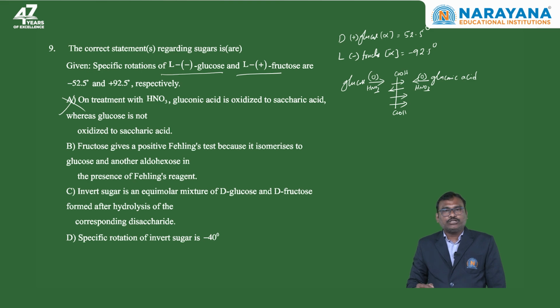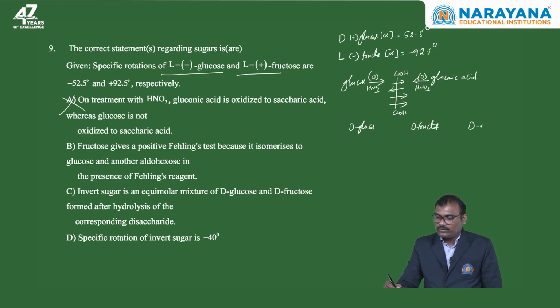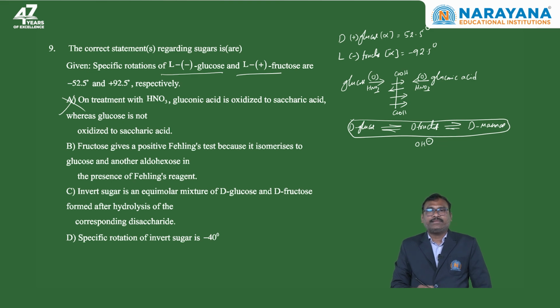Fructose gives a positive Fehling's test because it isomerizes to glucose and another aldohexose in the presence of Fehling's reagent. Not only Fehling's reagent: D-glucose, D-fructose, D-mannose, the three of them are in equilibrium together in basic medium.